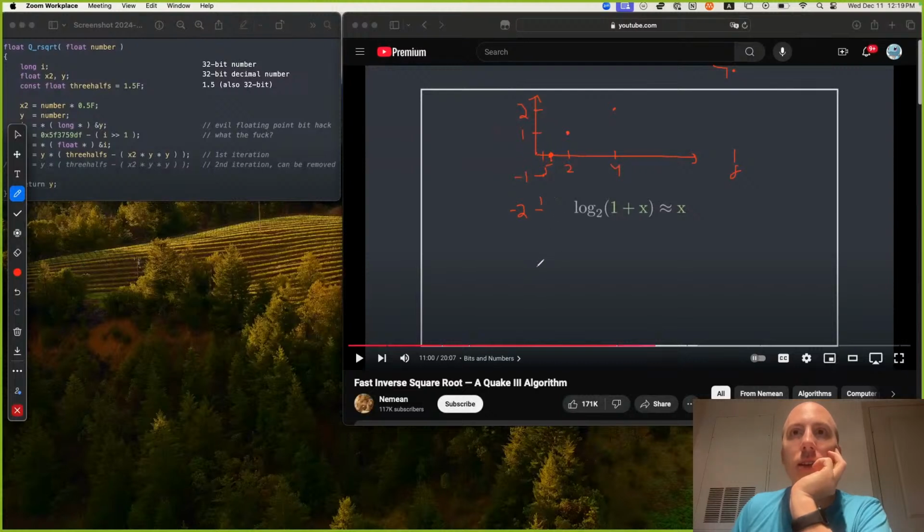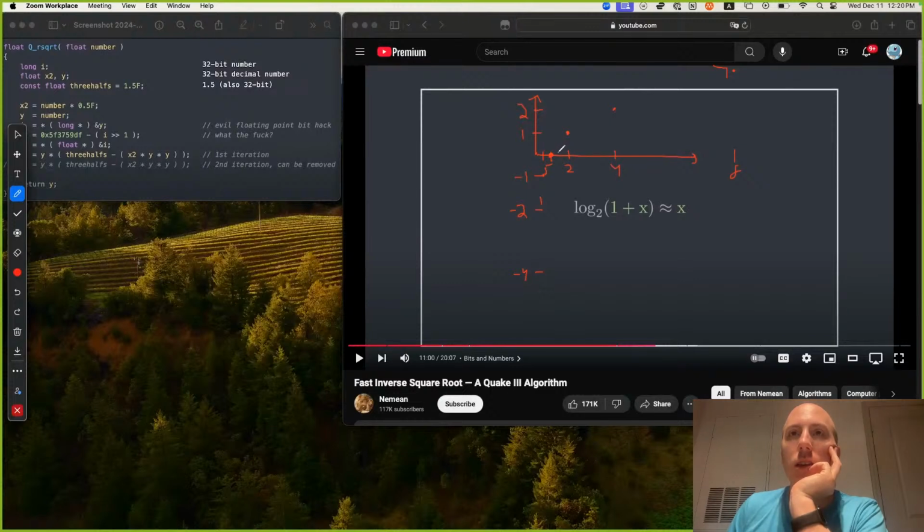Half of that is, whoa, -4. That's crazy. I never really thought about how quickly this grows downwards.